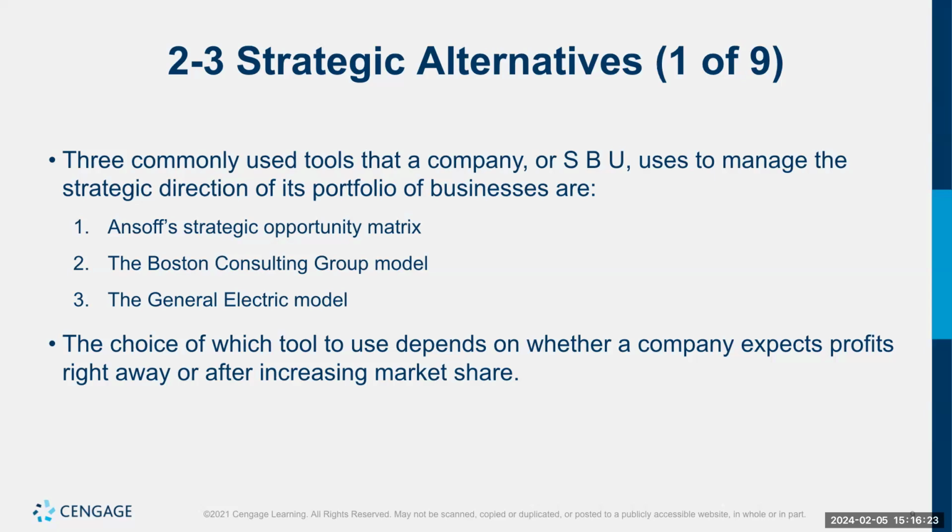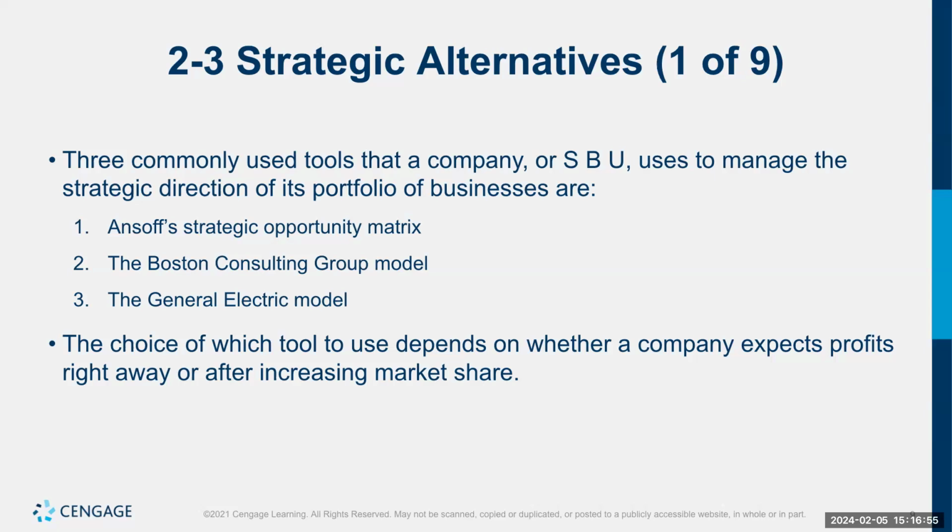And of course, you want to choose the tool that is best for you, and that would depend on various variables. That would include the organization's goal, its current portfolio of business, and its expected timeline for profitability. If you're looking for immediate profitability, then you want to lean towards Ansoff's matrix that focuses on existing products and markets, such as market penetration.